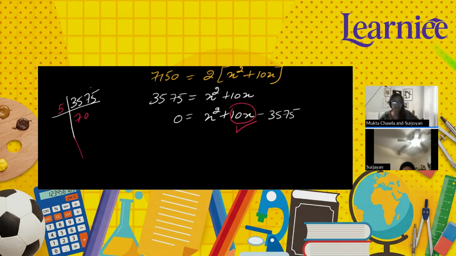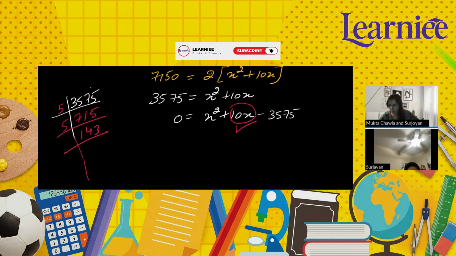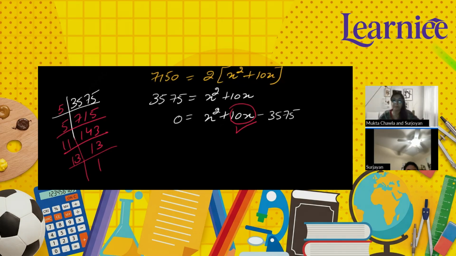5 sevens are 35. 5 ones are 5, 5 fives are 25. 5 ones are 5, 5 fours are 20, 5 threes are 15. What else could be there? Can 143 be solved with any value? 11 we can do, right? 11 ones are 11, 11 threes are 33.